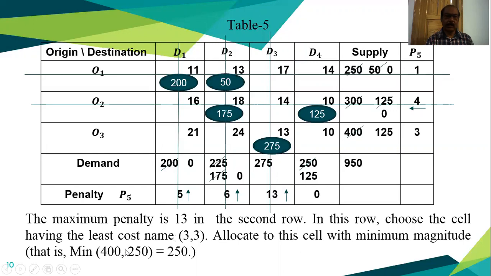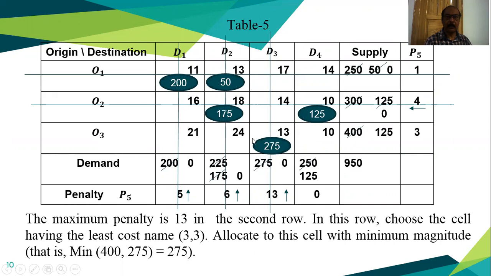400, this should be the 275. Now see here, the minimum of 275 and 400 is 275.